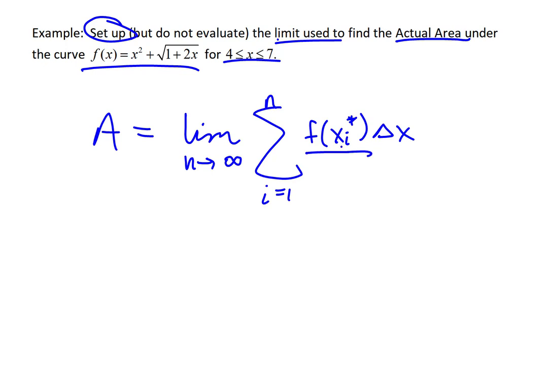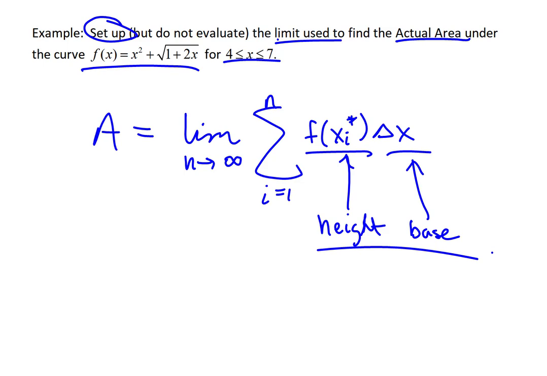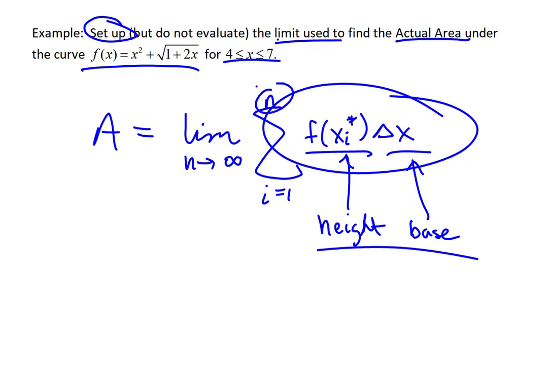So f of x sub i star is just the height, and delta x is just the base, or the width of the rectangle. So this is just a base times height calculation, the area of a rectangle, but we're doing it for n rectangles, and we're doing it while n goes to infinity. This is part of the definition above to compute the actual area.